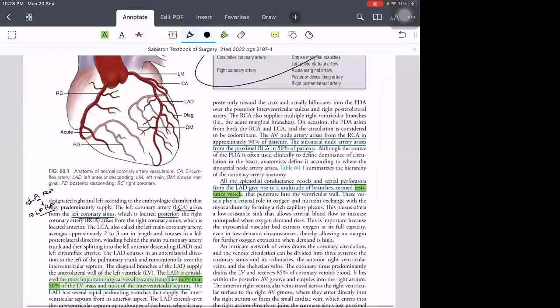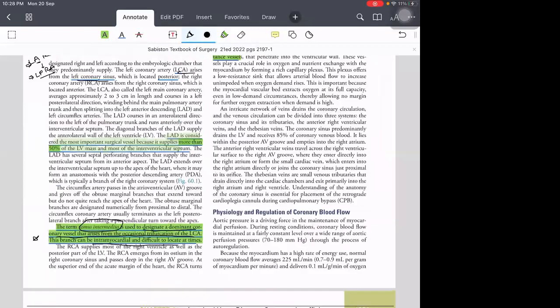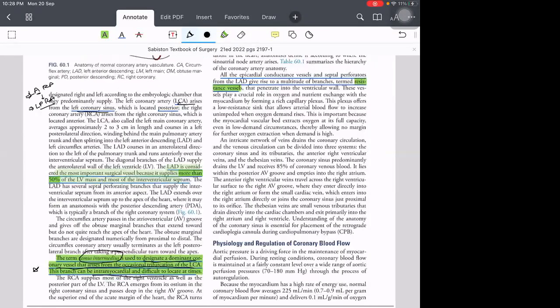It is used to designate a dominant coronary vessel that arises from the occasional trifurcation of the LCA. This branch can be intramyocardial and difficult to locate at times. They can ask what a ramus intermedius is.